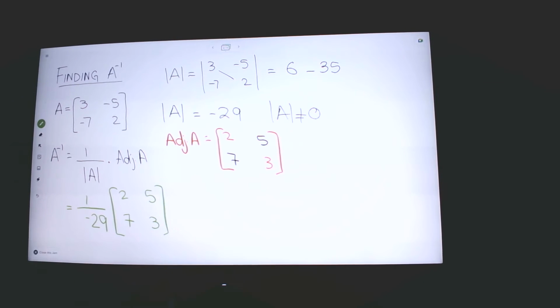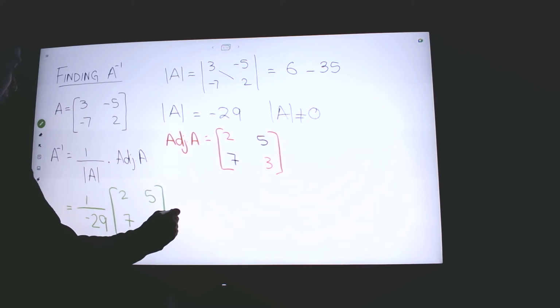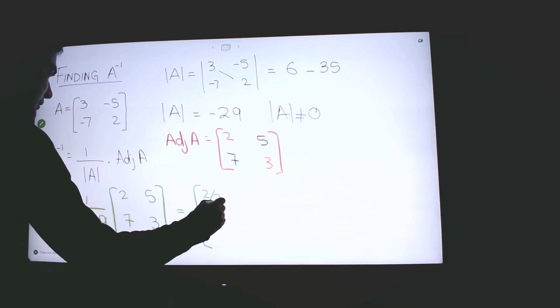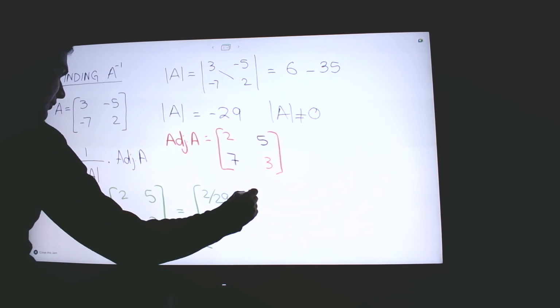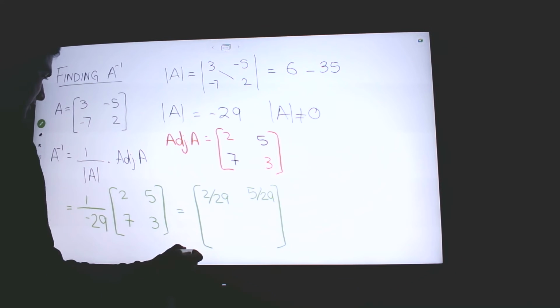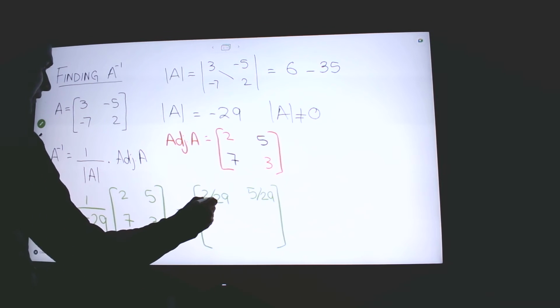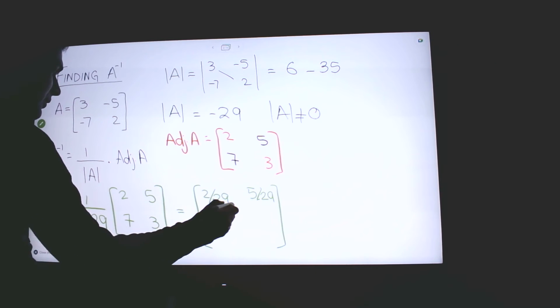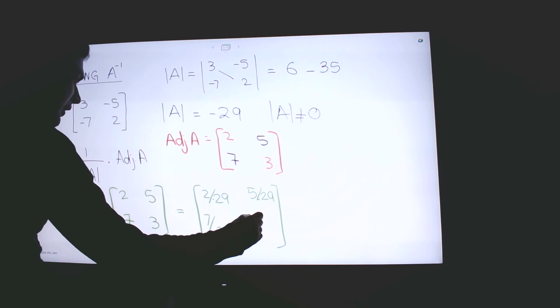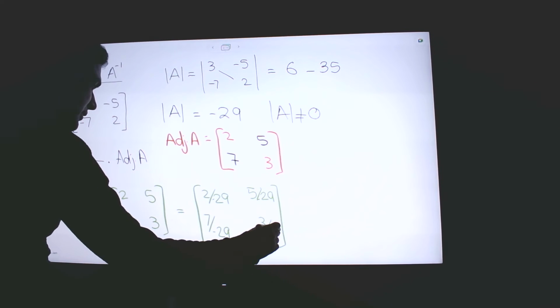Multiply the 29 inside, and that will give you A inverse as 2 over 29, 5 over 29, 7 over minus 29 and 3 over minus 29.